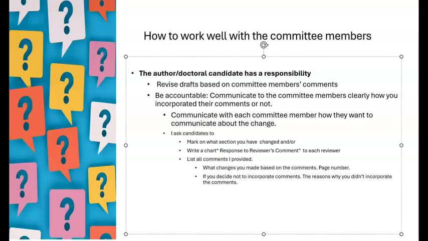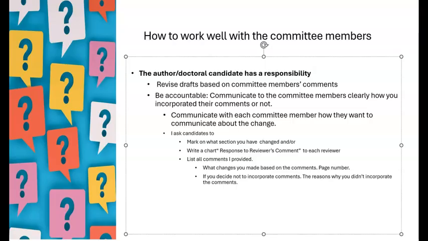If you decided not to incorporate their comment, you have to explain why. In communicating with your committee members, you should ask each of them how they prefer to be told about the changes you have made.